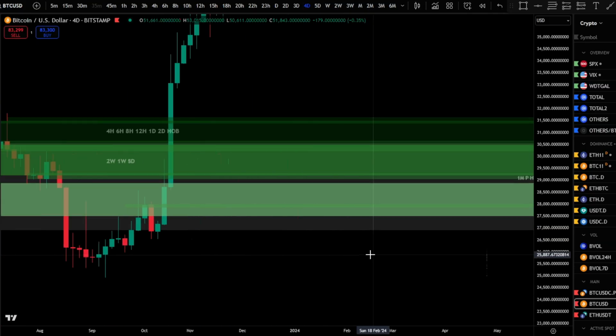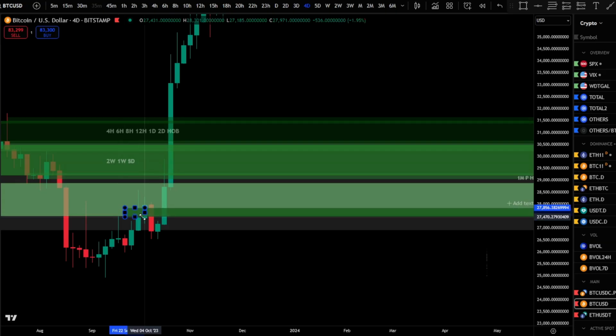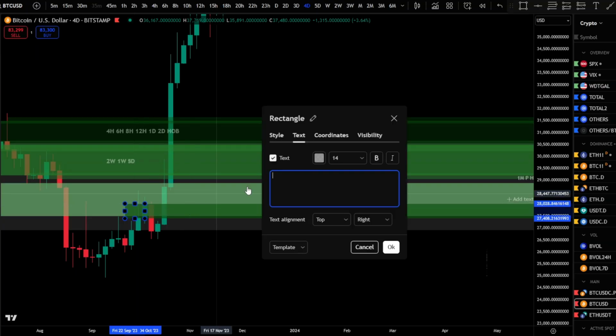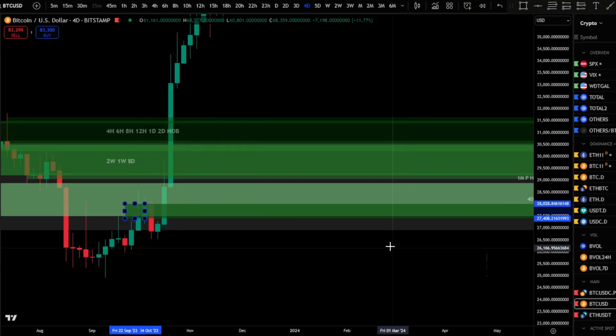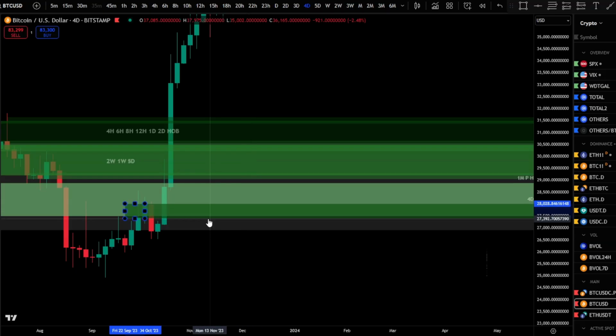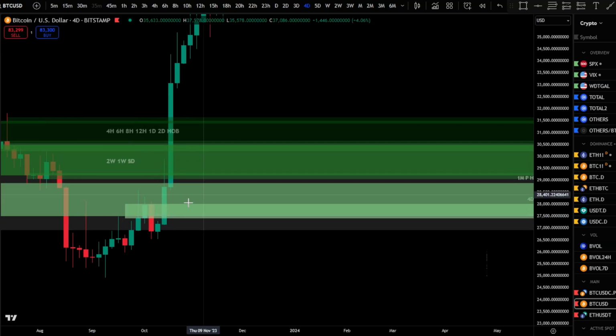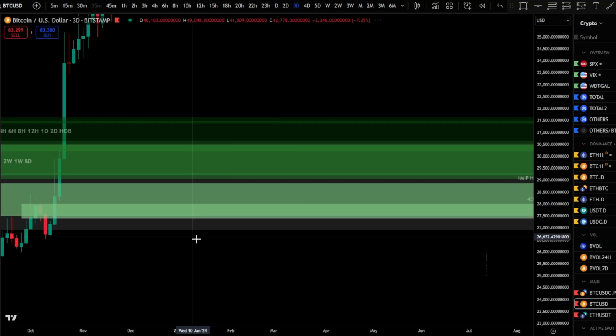Oh yeah, here. I don't know why it's so small. Should be bigger. Oh, okay. 4D. Yeah, I like this level a lot better right now. So yeah, that could be a very, very good level.